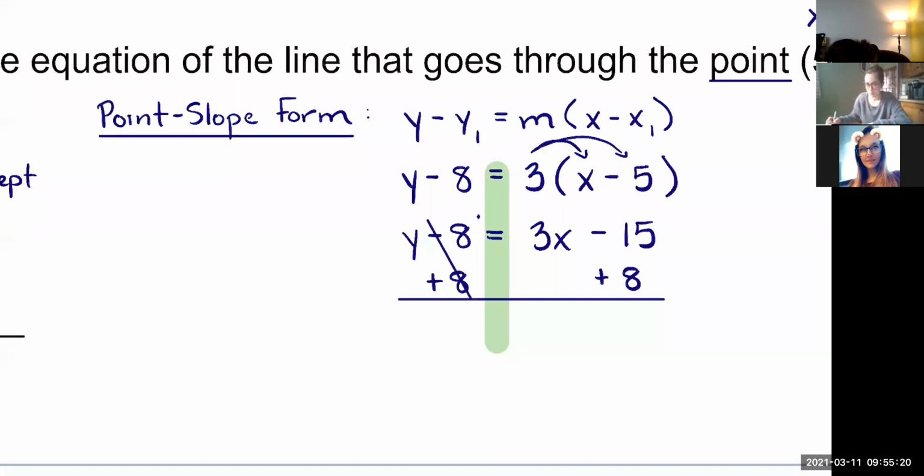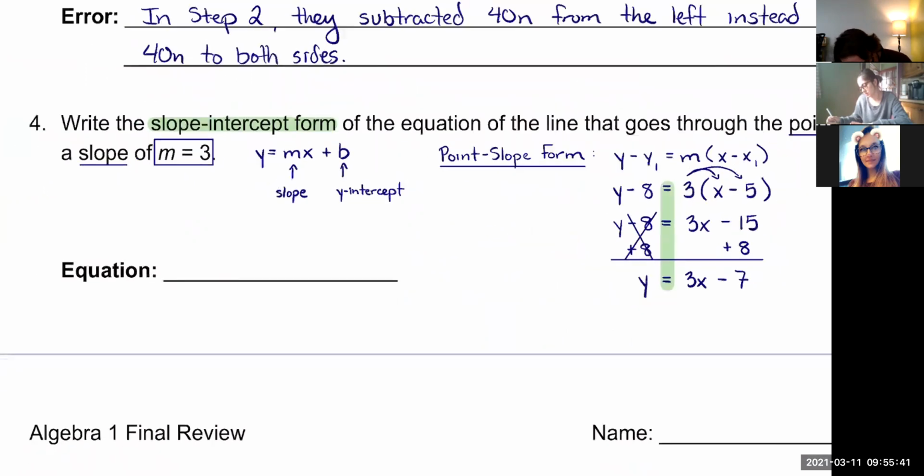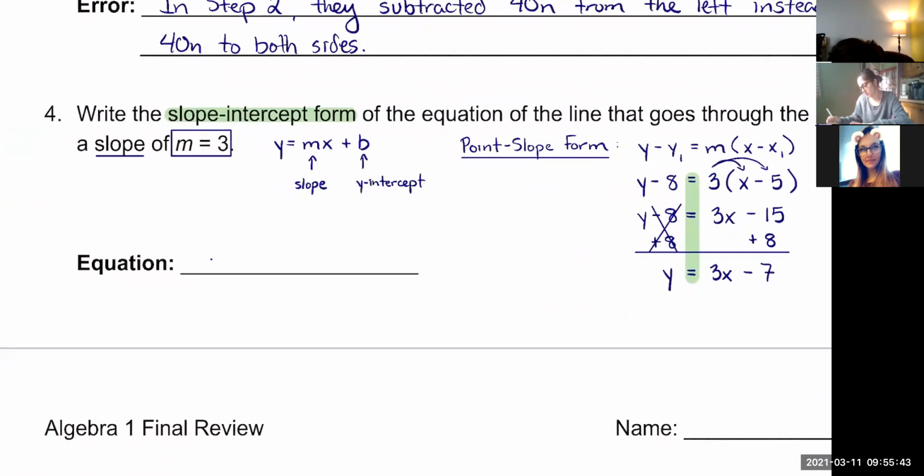That gets rid of it here on the left, leaving the y by itself, which I like to see. And then on the right, 3x just falls on down. We didn't mess with it anymore. Negative 15 plus 8, negative 7. That's it. We found it. Our equation in slope-intercept form is y equals 3x minus 7.